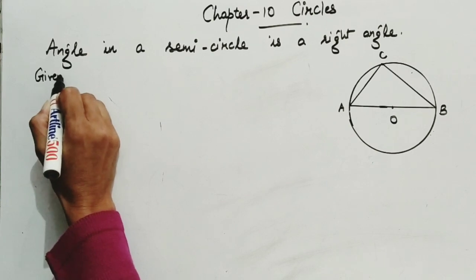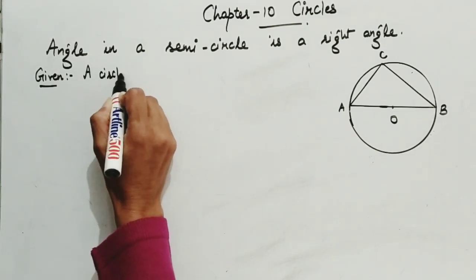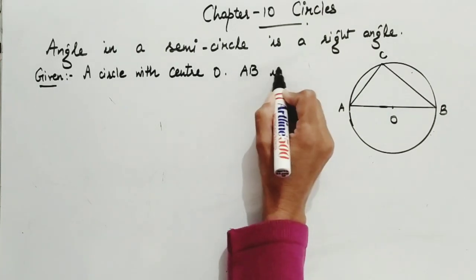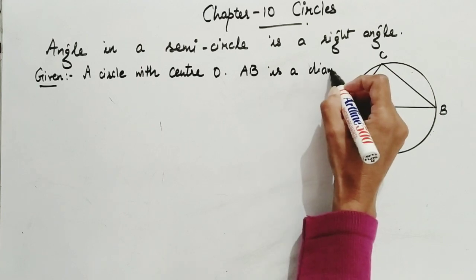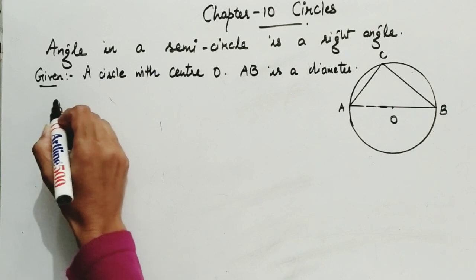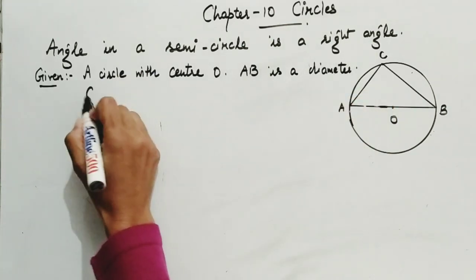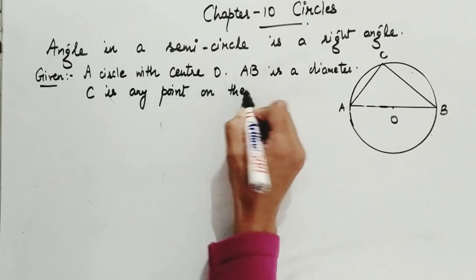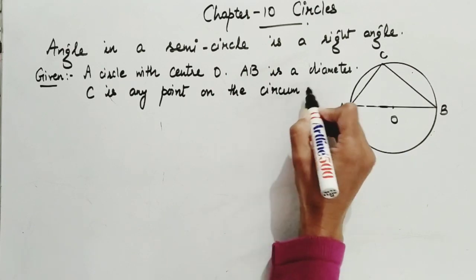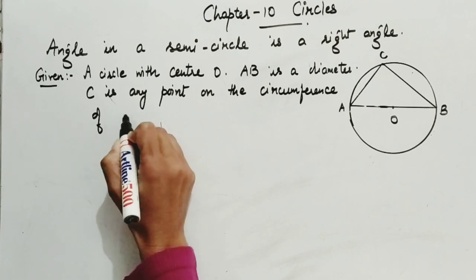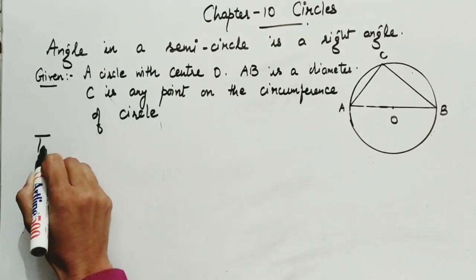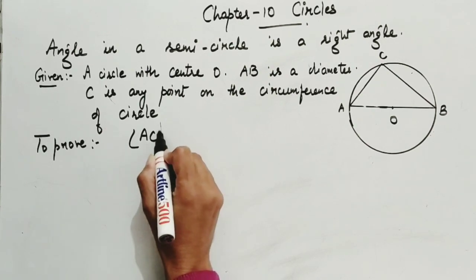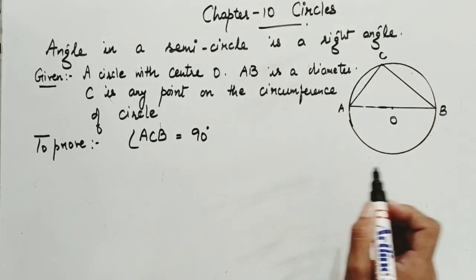We know that given is a circle with center O, AB is the diameter, and C is any point on the circumference of the circle. We need to prove that when A and C and B and C are connected, this angle ACB is 90 degrees. No construction is required.